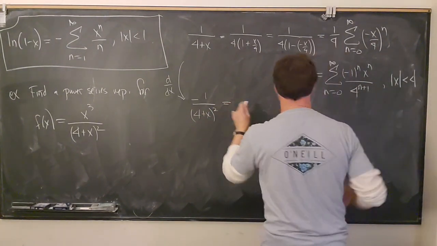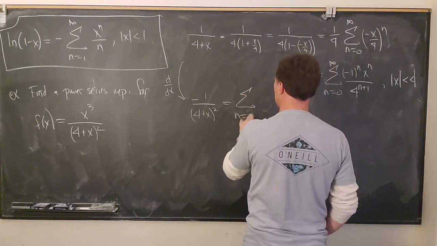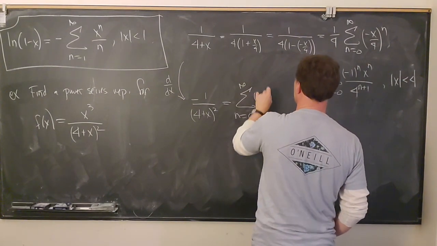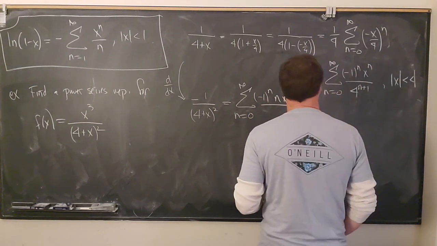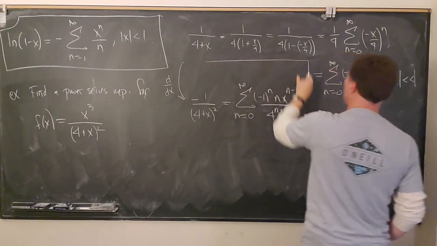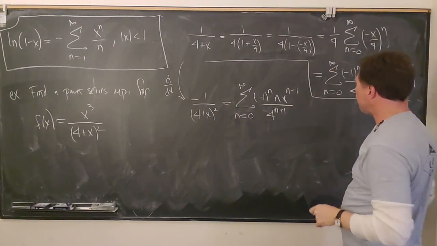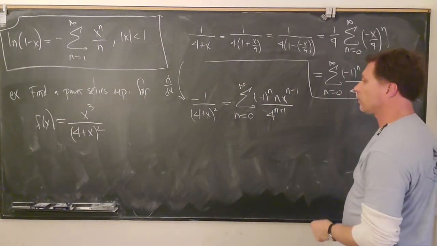On the right-hand side, I take the derivative of the sum n equals 0 to infinity of minus 1 to the n, n x to the n minus 1 over 4 to the n plus 1. Sorry, it got a little bit crowded here. Let's remember that when you take a derivative, it does not change the radius of convergence.